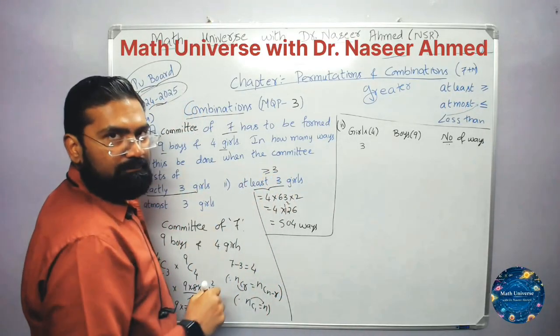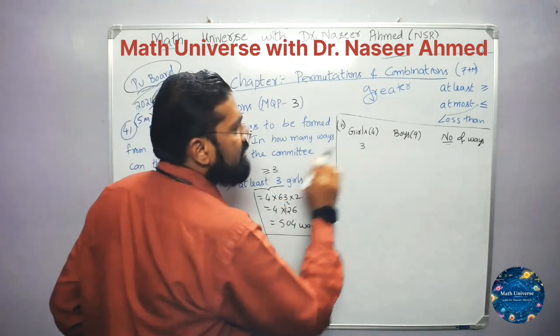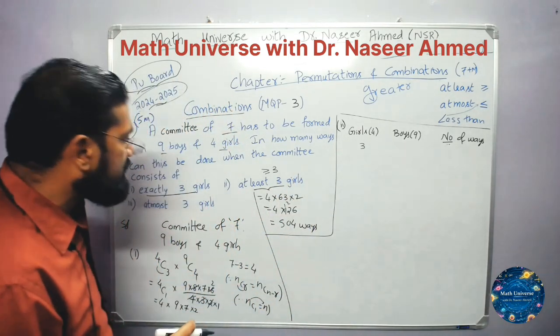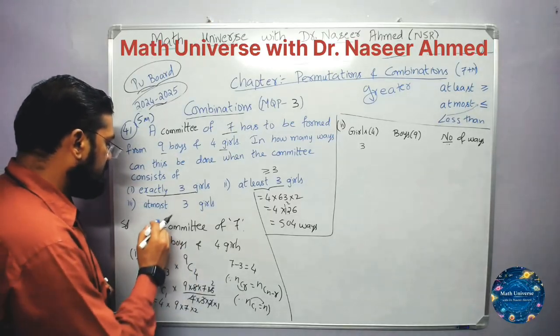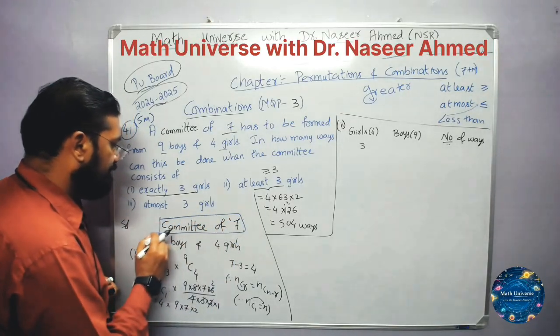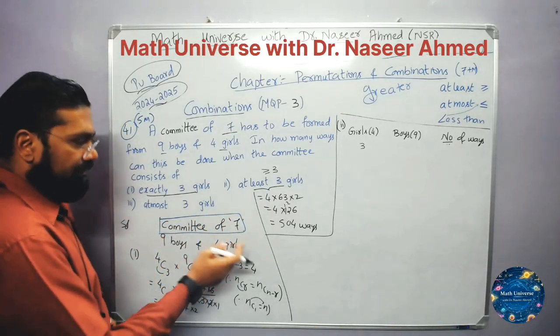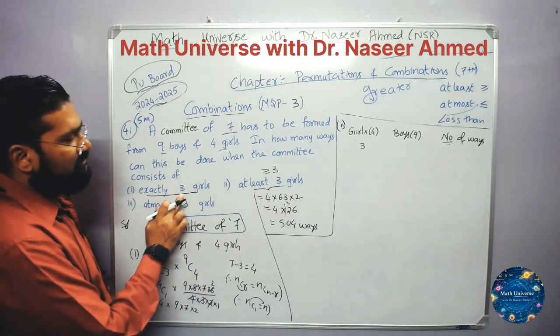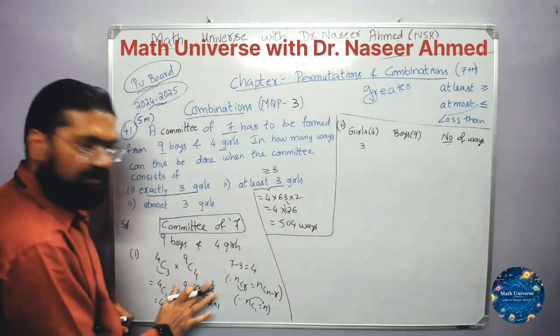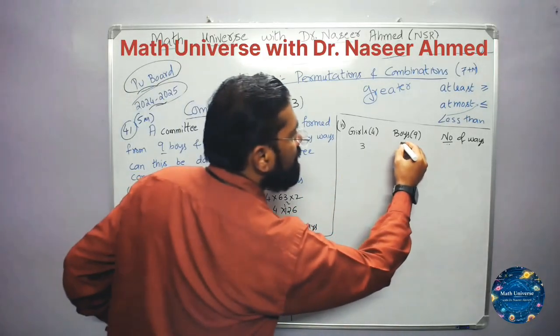Minimum 3 girls should be there. Now when 3 girls are taken, how many boys should be taken? Committee of how many? 7. So same, whatever we just got, 3 girls, 4 boys.